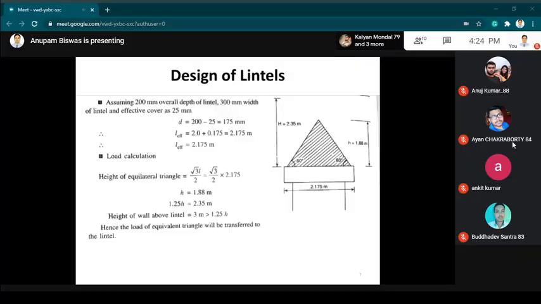So small d becomes 175 mm, and for this case the length will be 2.175. So from here we find that L effective is 2.175, because we have to take the smaller of 2.2 and 2.175.